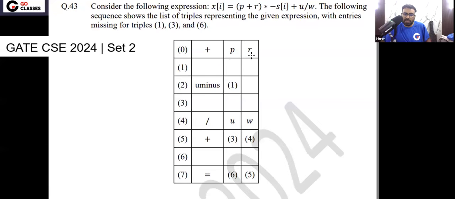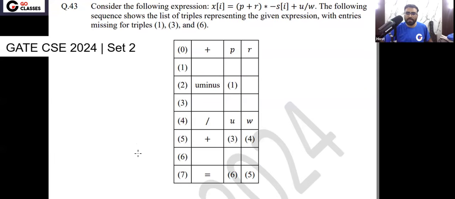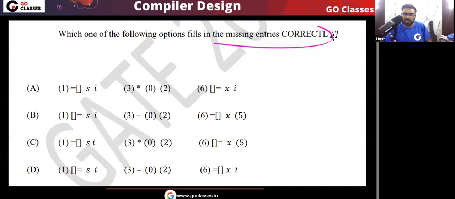You can notice that these triple entries are missing, and the remaining triples are already given to us. Now the question is asking what the missing entries are.